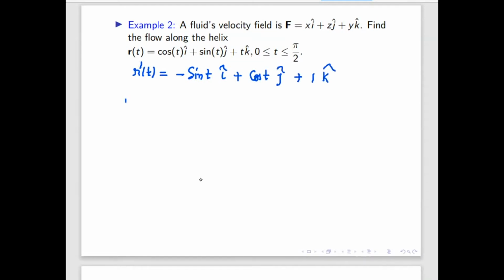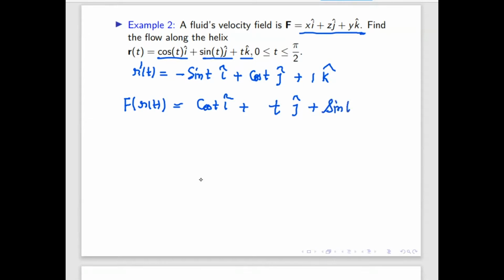Then F at r(t): we replace the values of x, y, and z in F. We will get cos t î + sin t ĵ, and then the z value. So instead of x, y, z, I replace x equal to cos t, y equal to sin t, and z equal to t. Here it is written z ĵ, so that's why t came here, and y k̂, so sin t.